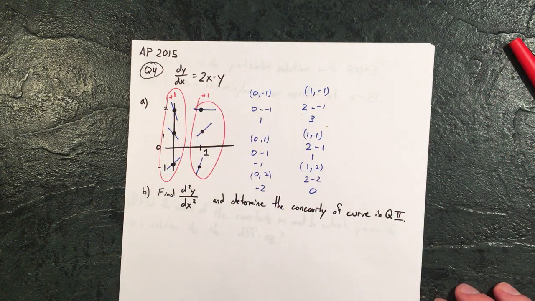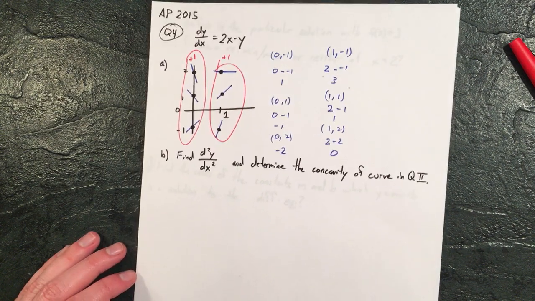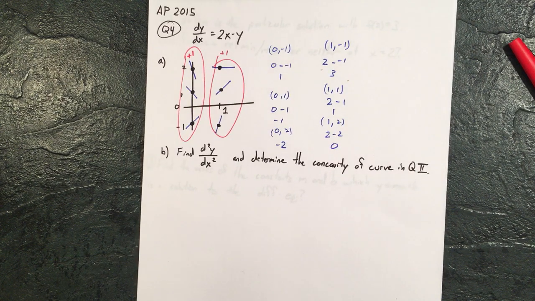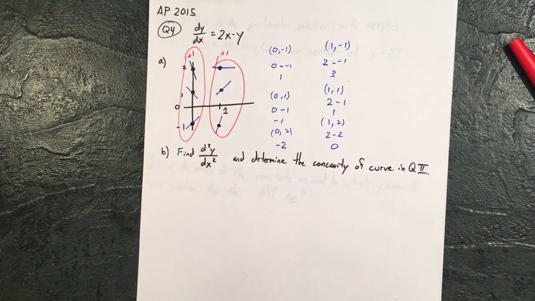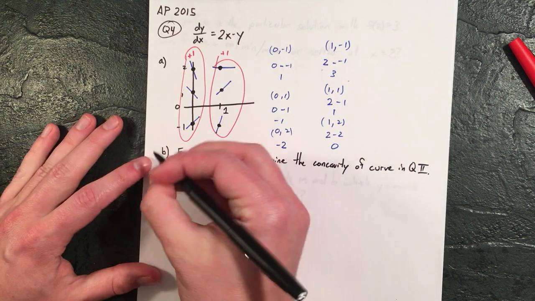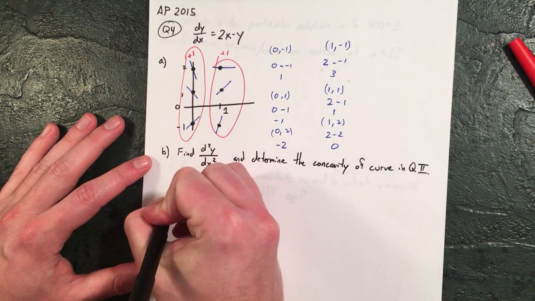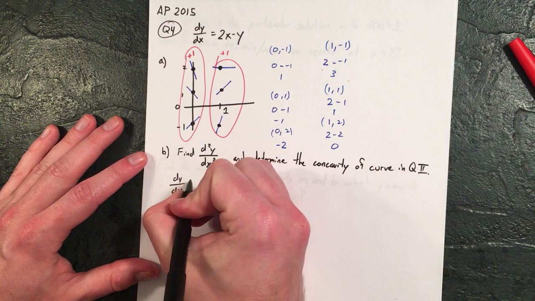Not bad. Okay, part B says find the second derivative and determine the concavity of curve in quadrant 2. This notation may be a little confusing, so hopefully everyone is okay with this notation, which means the first derivative.